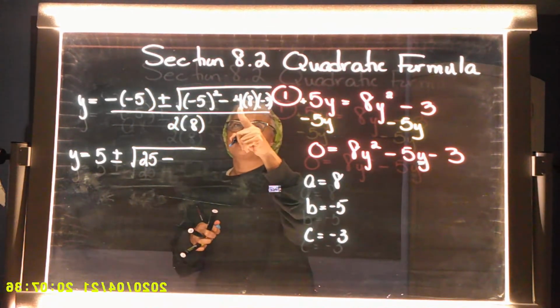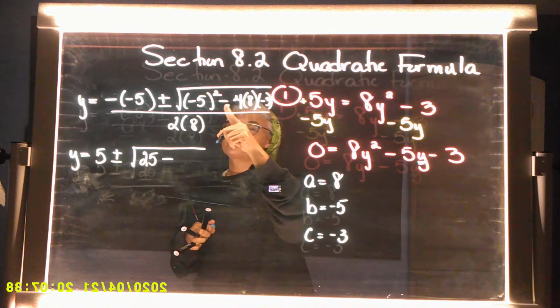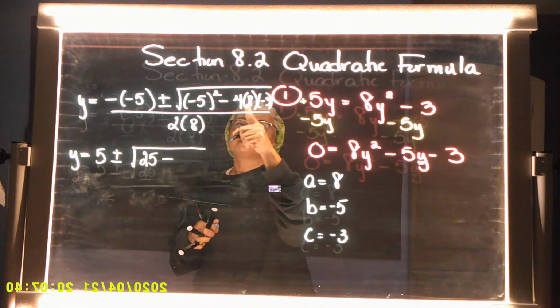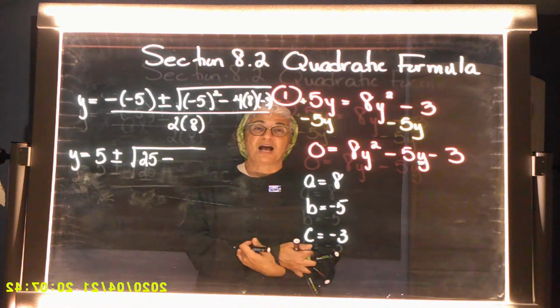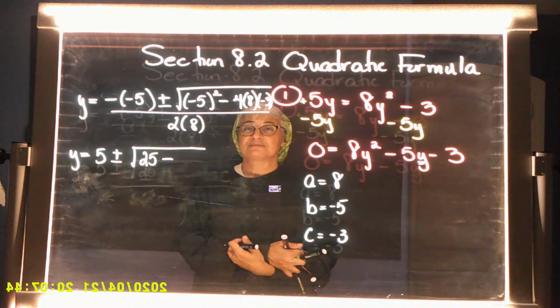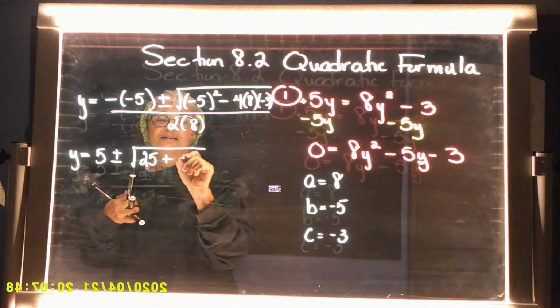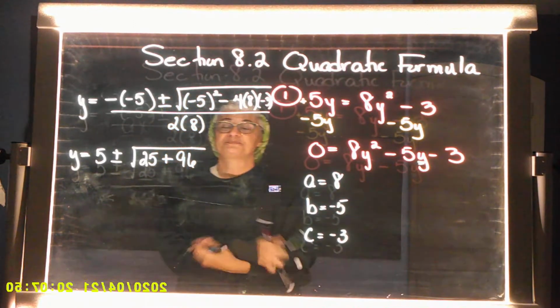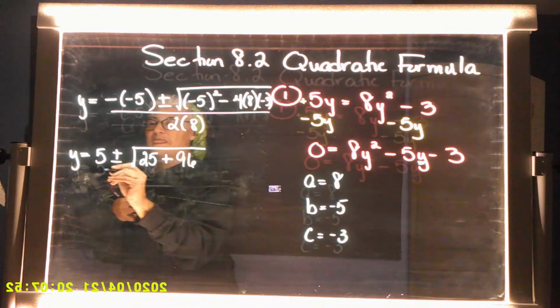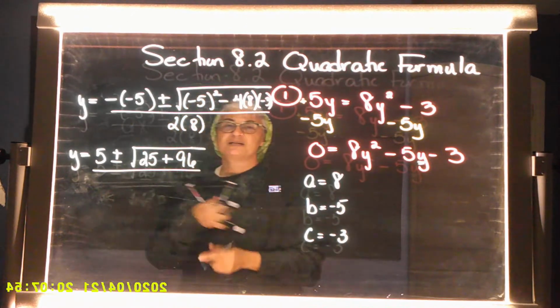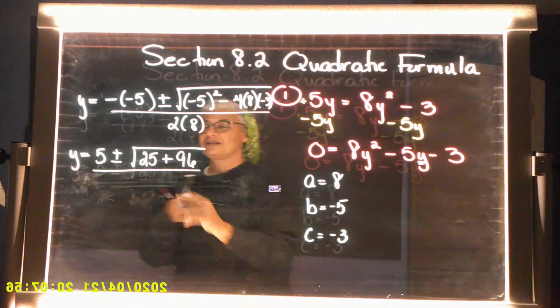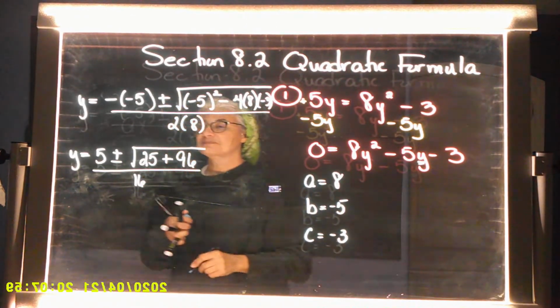Now I've got to multiply 4 times 8, or I should say a negative 4 really, times 8 times negative 3. I've got my answer. You do your work. What do you get? I'm hoping you got 96. Yes? Okay. All over 2 times 8, which is, excellent, 16.